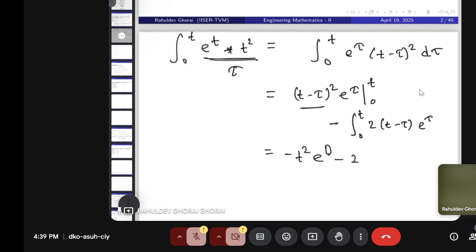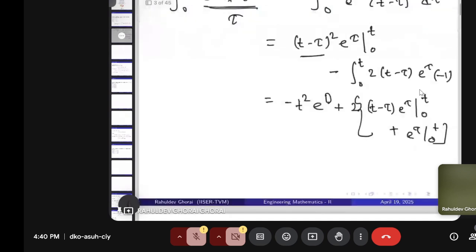Okay, one thing we missed: 2 times (t minus tau) d tau, and if you take the integration of minus tau it will be minus 1, so this minus 1 will be there, so in total it will be plus 2 times (t minus tau) e to the power tau from 0 to t, minus the integration, that will be minus of, so it will be plus e to the power tau from 0 to t.